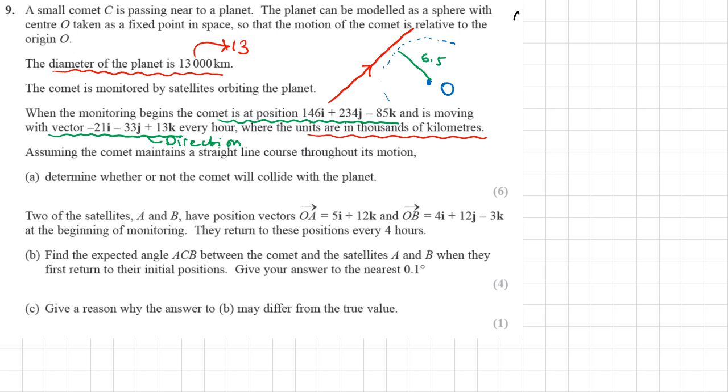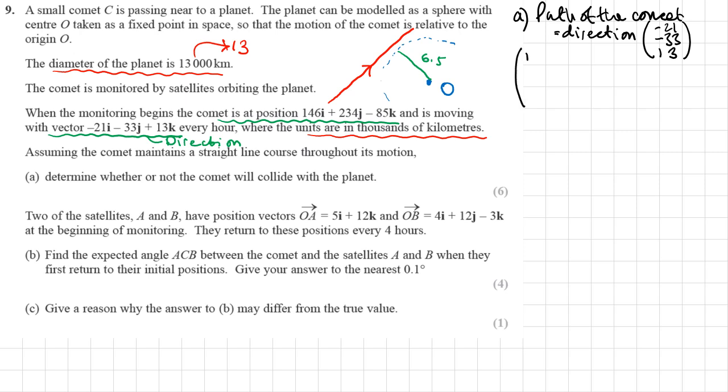So we need to start first of all by looking at the path of the comet and model this as a vector line. So we'll want its direction first, and its direction is negative 21, negative 33, 13. From that we can write the vector of the path of the comet.